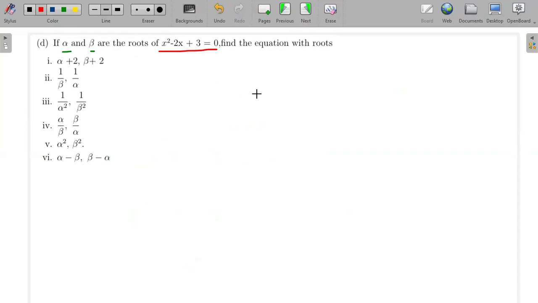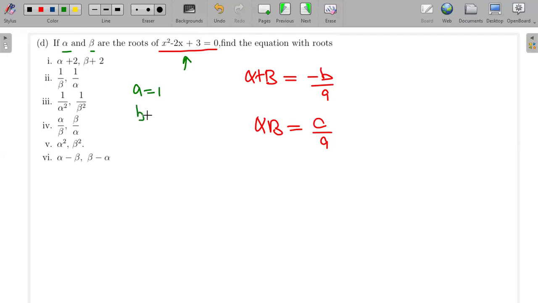of the roots. We know that alpha plus beta is equal to minus b divided by a, and alpha multiplied by beta is c divided by a. So let's get our a, our b, and our c from this quadratic equation here. My a is the coefficient of x squared, so that is 1. My b is the coefficient of x, so that is minus 2.